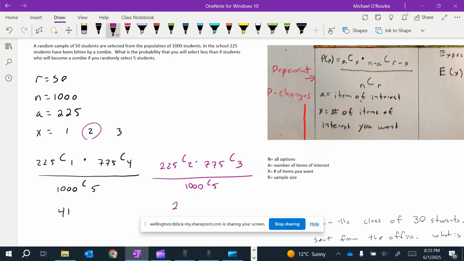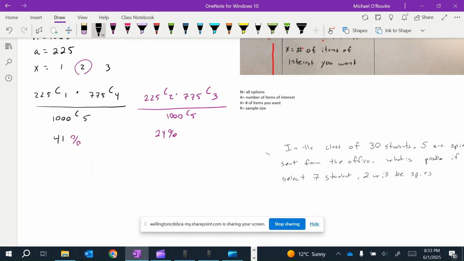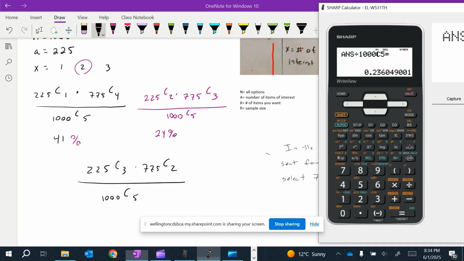That's about 24%. And then we can do the last one as well. 225 choose 3 this time. Times 775 choose 2, divided by 1,000 choose 5.